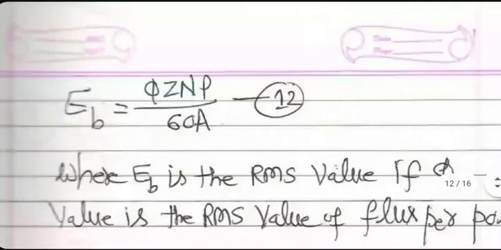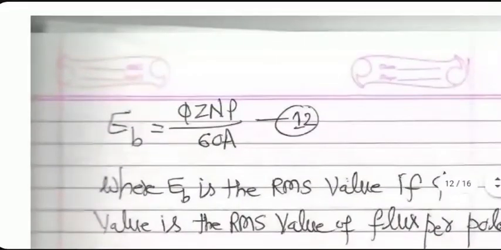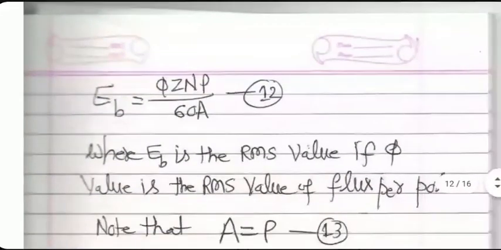EMF is essentially the internal voltage generated by the generator, and V generally is the symbol used for actual voltage that we develop across the out terminals. Because of losses, these two will not be the same. So EMF simply is this equation, phi ZNP divided by 60A.